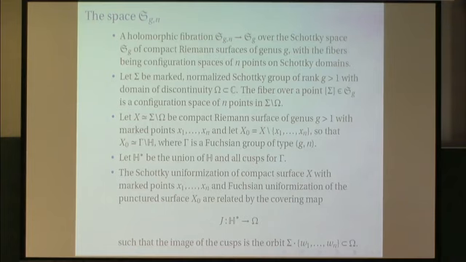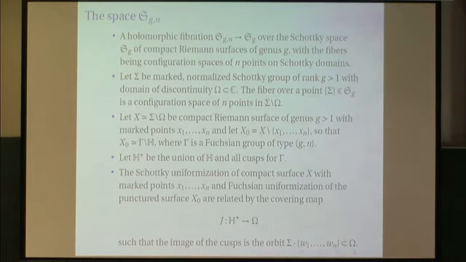You consider H star to be the union of the hyperbolic plane and all cusps for gamma. Then on H star the Fuchsian group gamma acts, and the quotient H star over gamma is a compact Riemann surface. So we have a uniformization of a compact and a non-compact Riemann surface by the same group with parabolic generators.